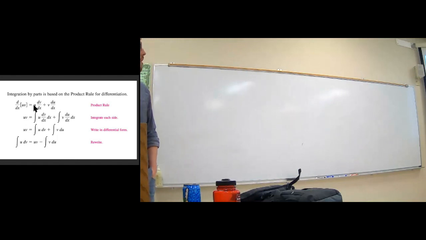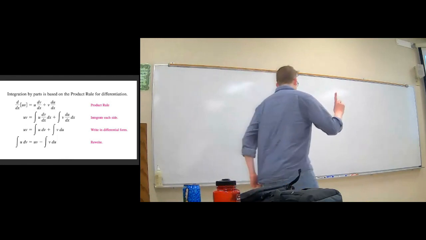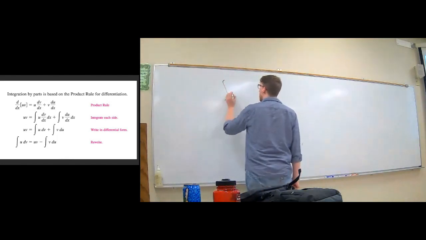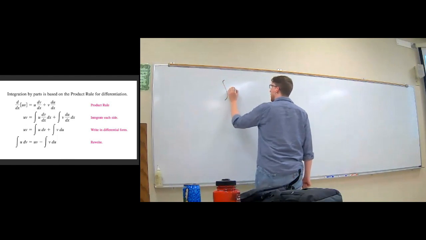And this idea of integration by parts starts with the product rule. We're going to say, all right, let's say we have two functions and we multiply them together. When we take the derivative of those two functions, it turns out to look like this, right? So let's say we're given an integral that looks something like this.